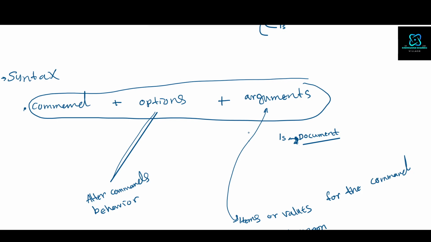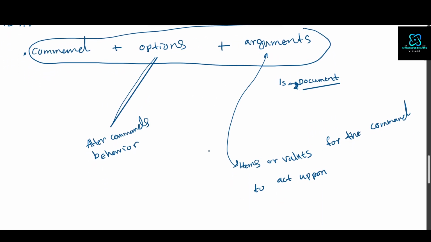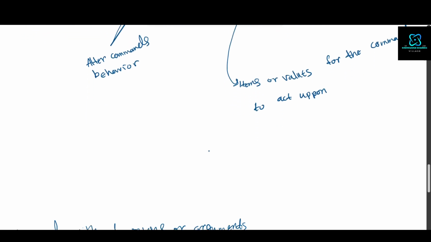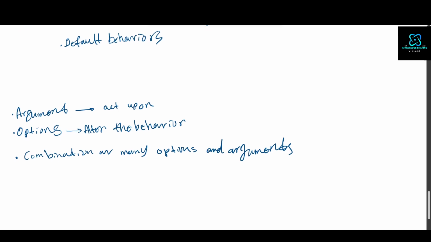If you don't provide any option or argument to that command, then you will see the default behavior of that command. That default behavior depends on the developer who created the command, on which default behavior the command should have. Okay, so we have talked about that.